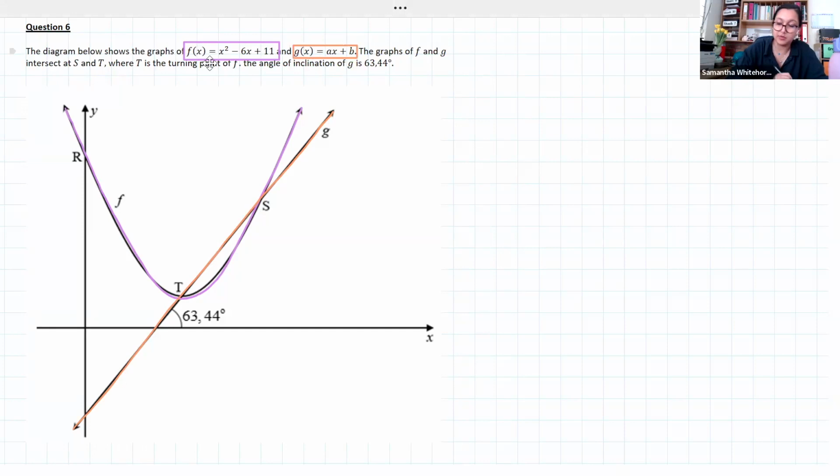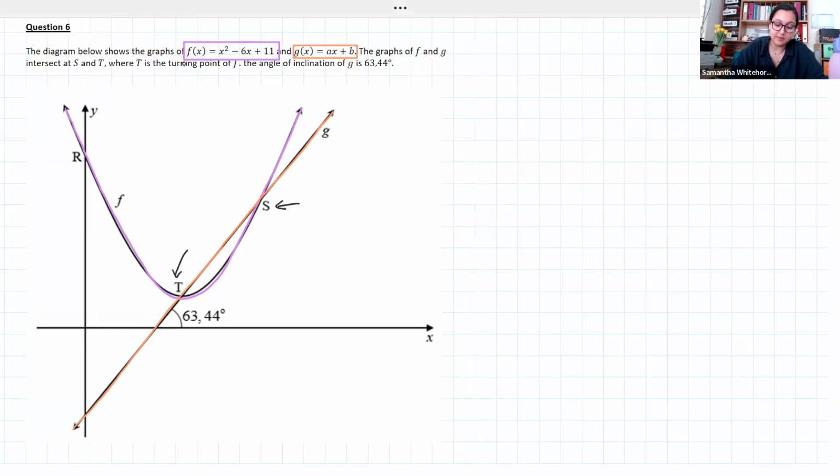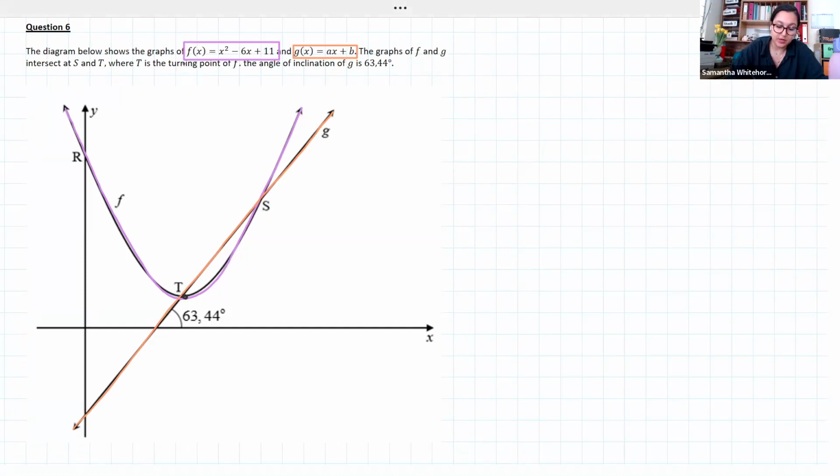The graphs have been labeled, and the graph should always be labeled. You can see the g and the f, so that's okay. The graphs intersect at S and T. Again, we've been given those points. Here's S, here's T, but very importantly, T is my turning point of this parabola. So whatever this coordinate is, that is the turning point of the parabola.